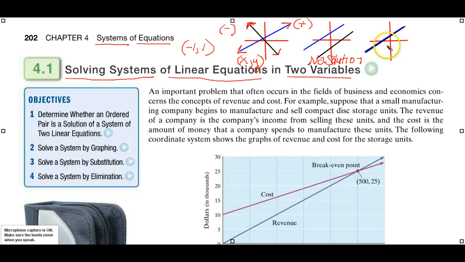Now, a third scenario would be if we drew the black line. And I tried to show this here, that the blue line actually was right on top of the black line. In fact, the equations were the same. Well, remember, there's an infinite number of points along each of these lines.